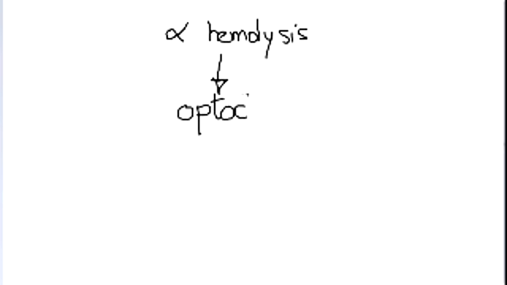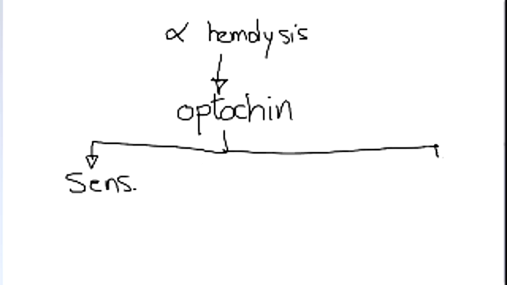So what if I got alpha hemolysis? If you get alpha hemolysis, it's either Strep pneumoniae or Strep viridans. And you will add the optochin antibiotic, and see if the bacteria is optochin sensitive or optochin resistant.